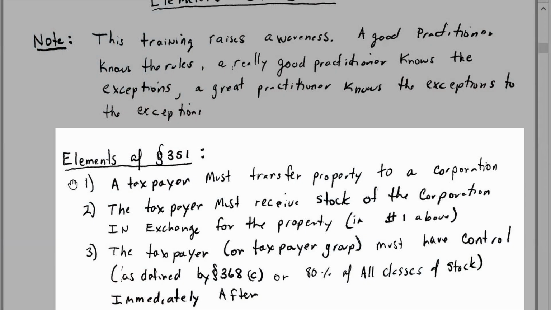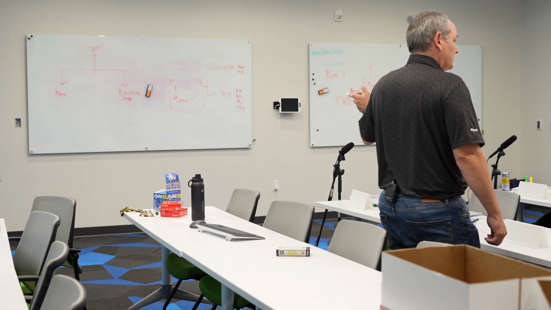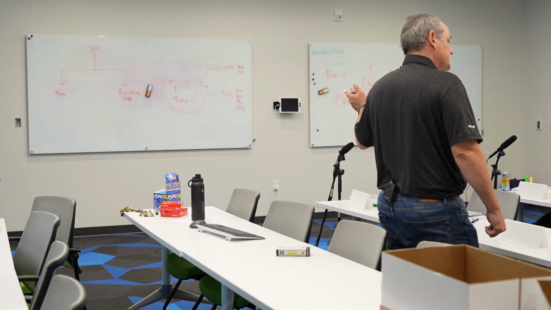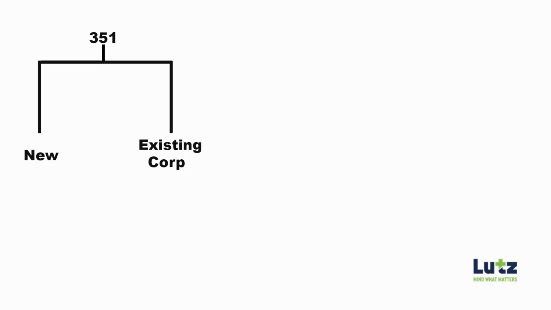351, there were three elements, right? What were they? Transfer to a corp. Receive stock from a corp. Solely in exchange for stock. Yes. And you have control or 80% immediately after. Okay. Do you think that those rules apply equally to a brand new corporation and an existing corporation? Or do you think there's a different set of rules that might apply to a new corporation versus an existing corporation?